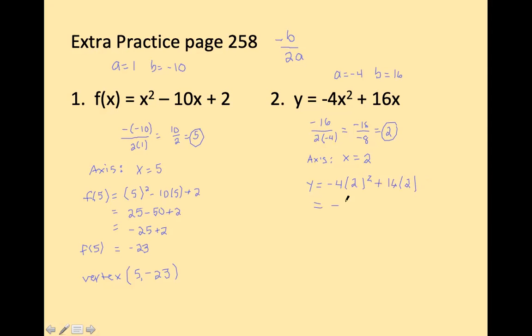Negative 4 times 4, negative 16. 16 times 2, positive 32. Negative 16 plus 32 is 16. So the y coordinate of our vertex is 16. And we put it all together, and we write that our vertex has the coordinates 2, 16.